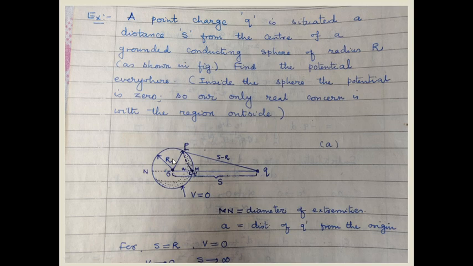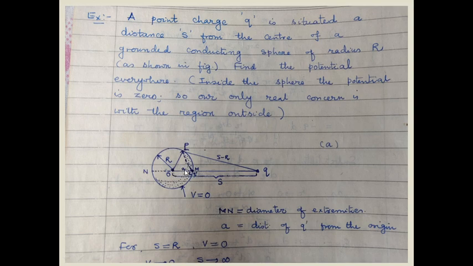The radius of the sphere is capital R, that is going to be the same, but image charge q dash is placed inside and the magnitude of this charge q dash is equal to minus R upon s times q, that we are going to find out. It is kept at a point L on this diameter MN.